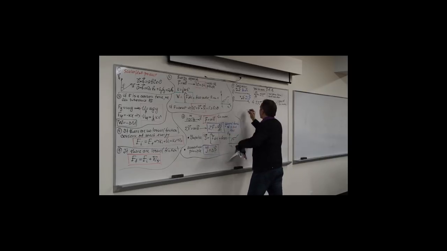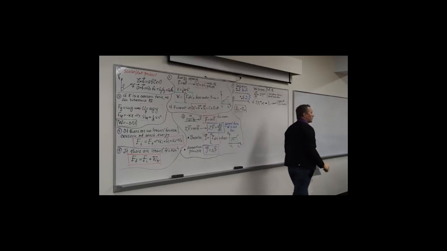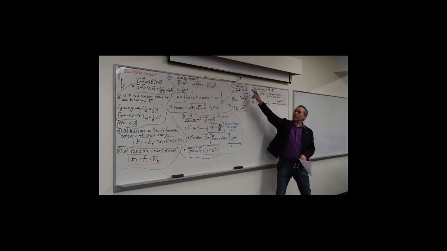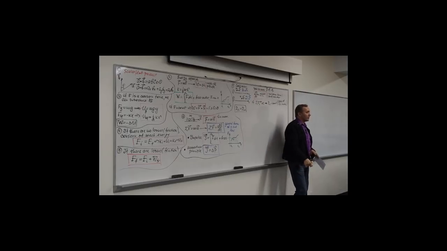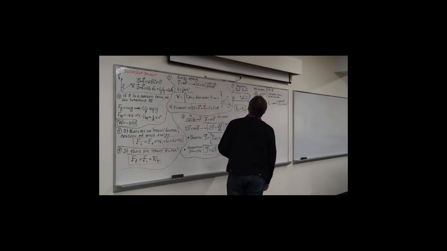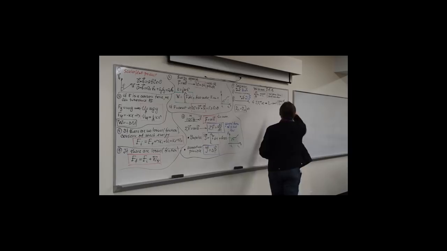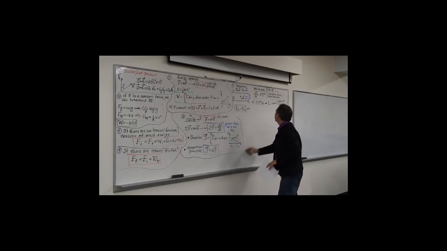So for this case, Px initial equals capital Px final: the total linear momentum of this system before the collision and the total linear momentum of the system after the collision. Let me write it explicitly in terms of mv. Yeah, boy, I'm using linear momentum, but I did not write what linear momentum is. No, I did write it, it's over here.